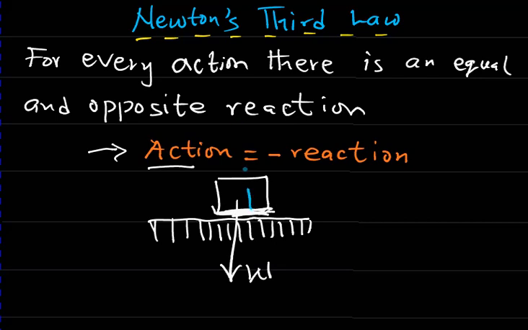That reaction is upward. So for this floor to withstand the weight of this object, the weight being the action is equal and opposite to the reaction. Please take note of this.